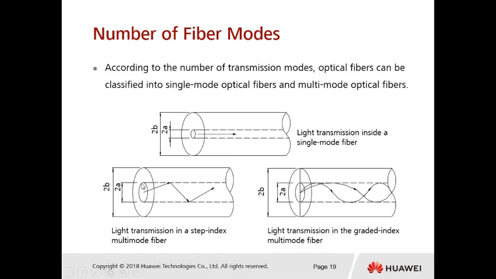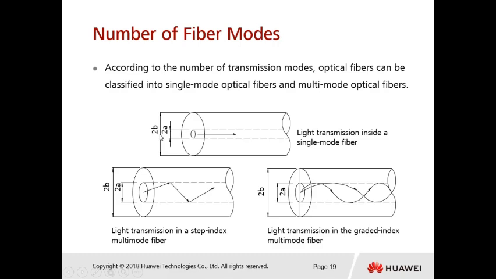So we limit the size of this glass core and make it very small. The light can then only transmit this way in the fiber core, so no matter what, the angle cannot be changed anymore. So the delay problem we don't have anymore.